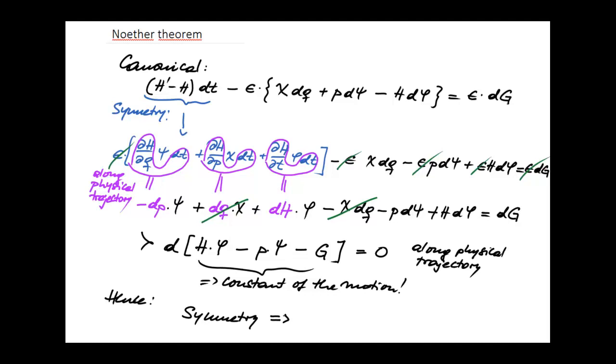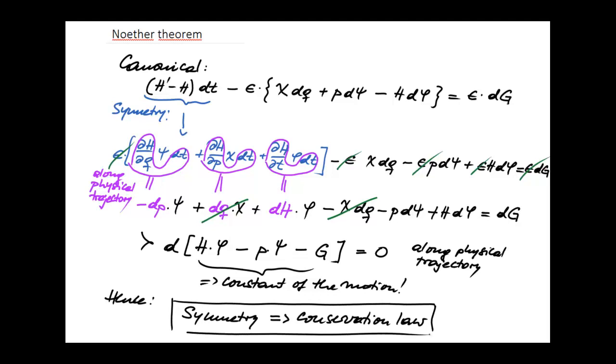Whenever there's a symmetry, you can derive an associated quantity that is a constant of the motion. And this is the essence of Noether's theorem, the relationship between symmetry and conservation law. And it also tells you how, given the symmetry, you can determine the constant of the motion. It's the expression inside the square bracket.